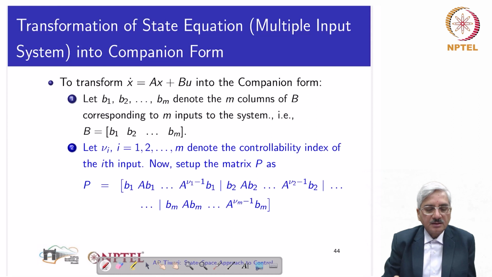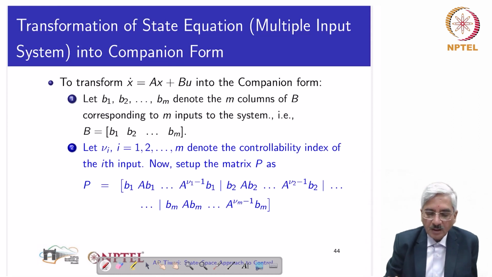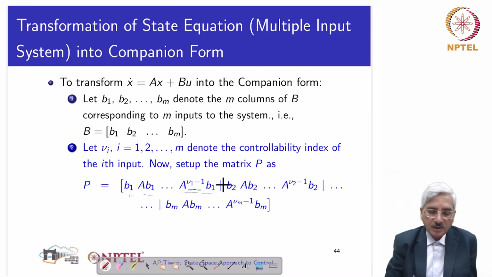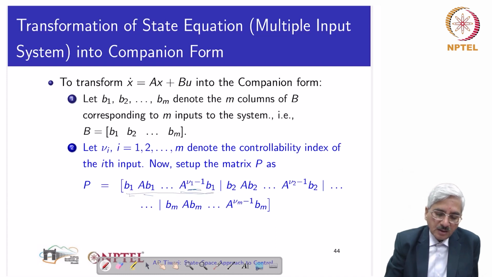So we proceed like this. Let us say that nu1 columns, this B1, AB1, etc. up to A^(nu1 minus 1) times B1, nu1 columns will be independent, or this is called the controllability index of input 1.